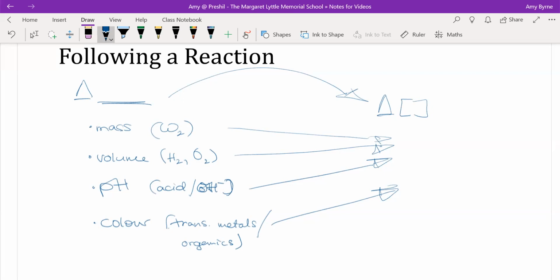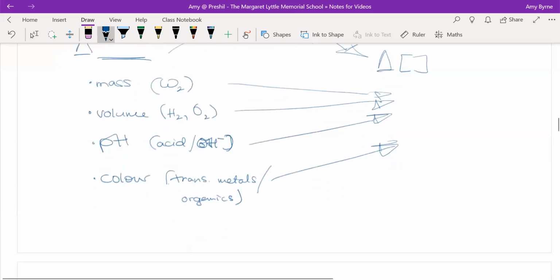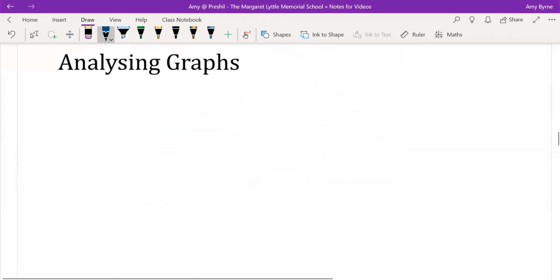But when we follow a reaction, we most of the time can't measure the concentration directly. We need to go with something that is more measurable as an initial step, and then do the maths to take it to the change in concentration.